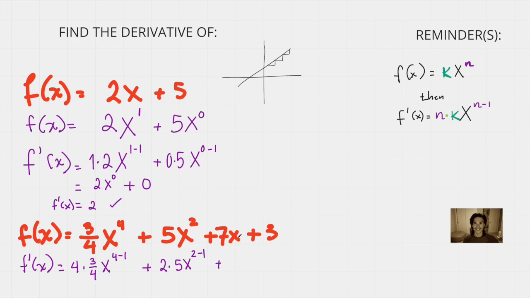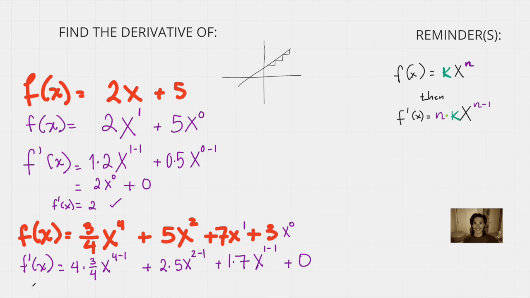Here, remember that x like this means x to the power of 1. So then we go 1 times 7, x to the power of 1 minus 1, and here that would mean x to the 0. Remember, any constant will just multiply by 0, so we'll get 0 anyway.